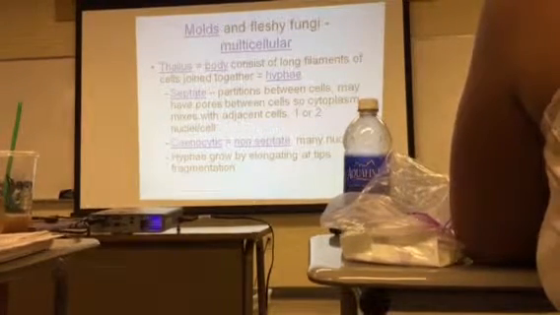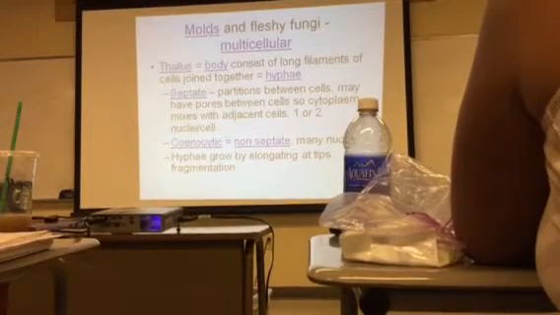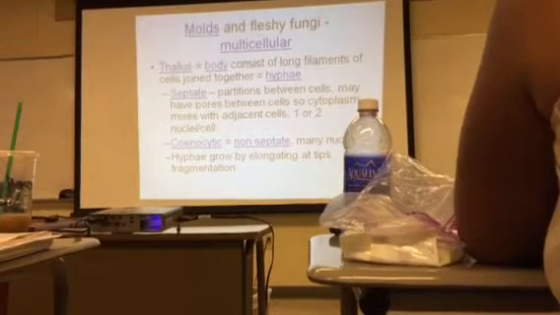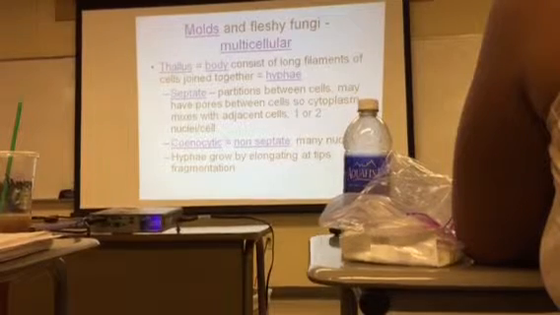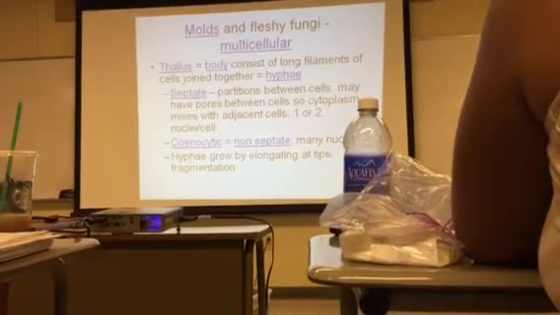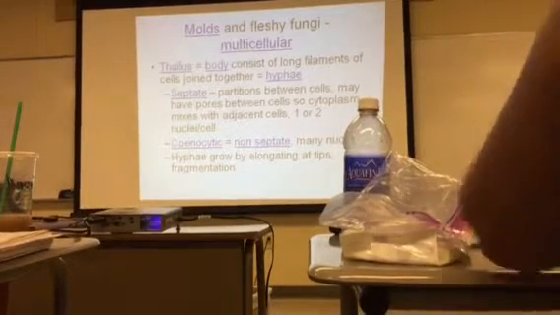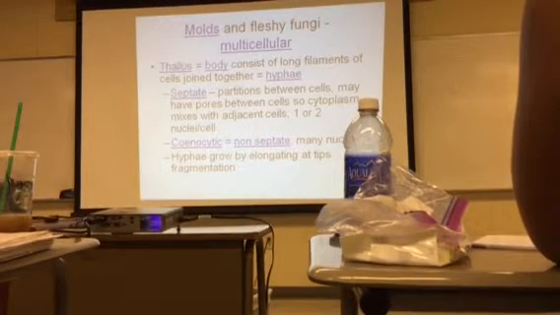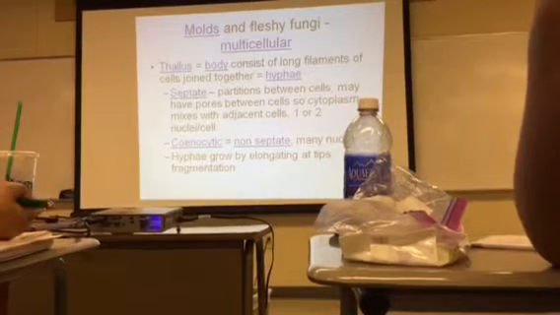You can have a septate hypha. That means it has cross walls, actually cells. However, those cross walls have little pores in them, so nutrients can go back and forth between those cells. And they usually have 1 to 2 nuclei per cell. So that is a septate hypha. Then there is one that doesn't have any cross walls. It just has a bunch of nuclei in it, and that one is called coenocytic hyphae.